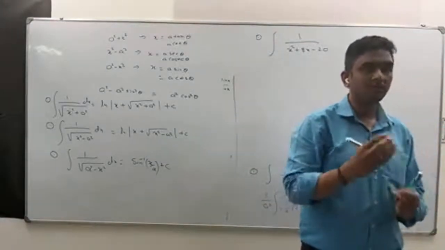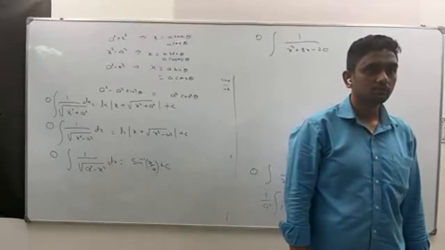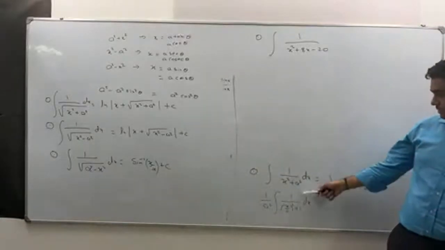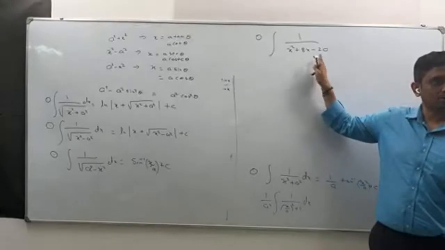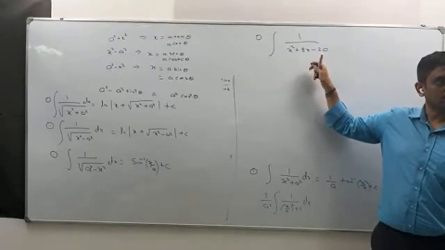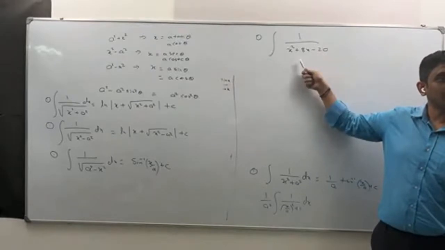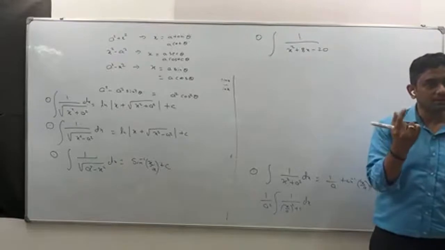If you compare with the direct formula, what is the extra or missing thing? I've rubbed out the 1 by quadratic formulas. Look at this. You have an x square, you have a constant, like a square, you can think of it as root 20 whole square. But what extra do you have? You have a linear term.